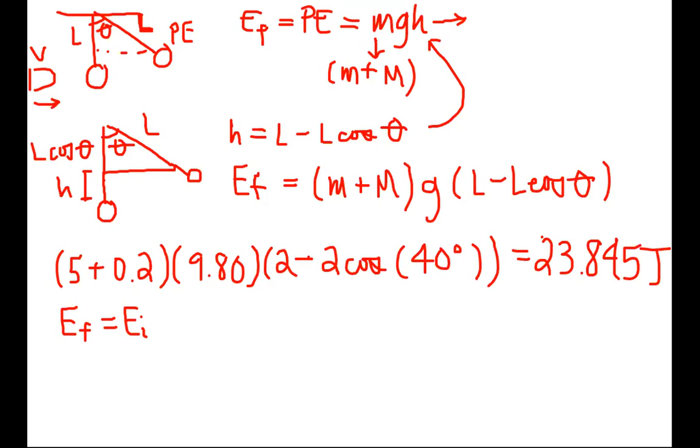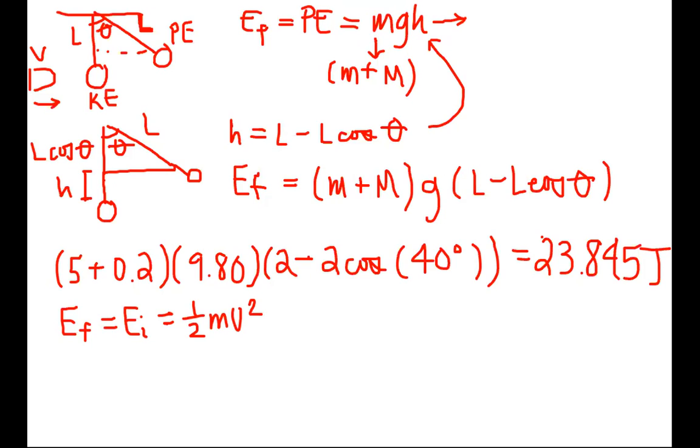And we know that energy initial is equal to 1/2 mv squared, as the only energy at the bottom point is kinetic. That's something we found before. We said that the energy at the bottom of the pendulum is just kinetic energy, so all of the potential is transferred to kinetic.